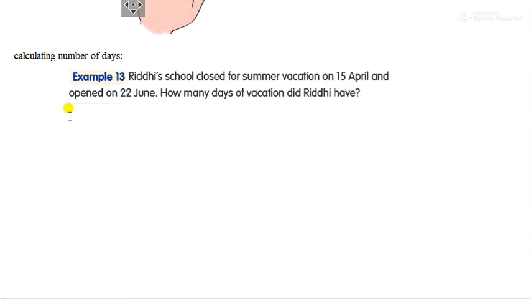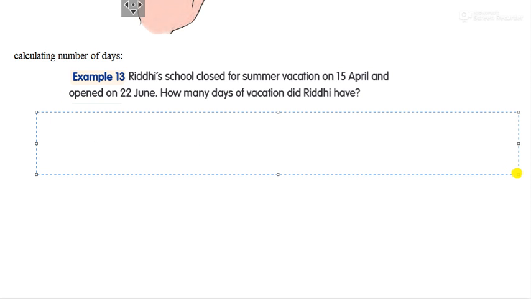So this means Riddhi did not go to school on 15th April, however she will go on 22nd June.